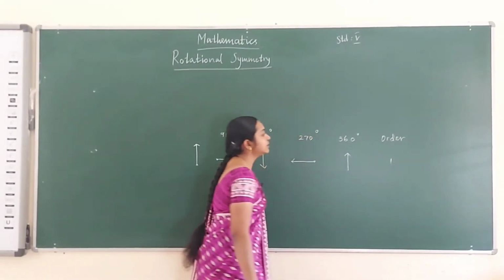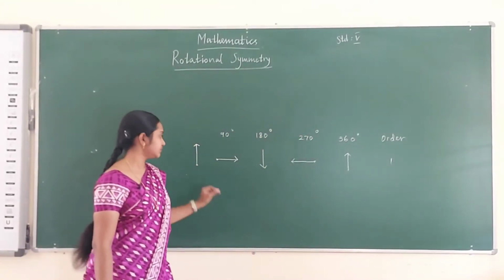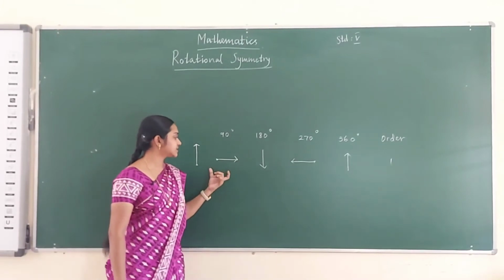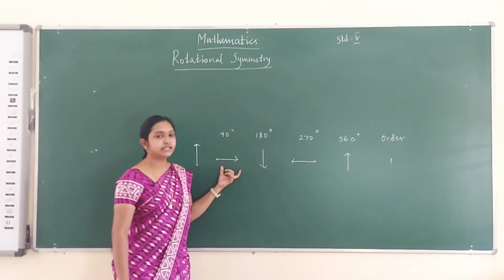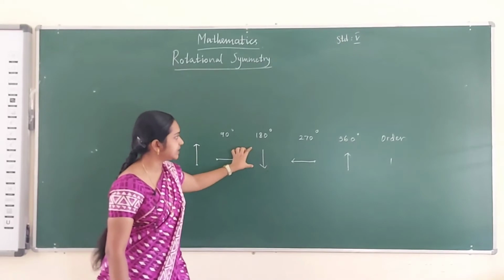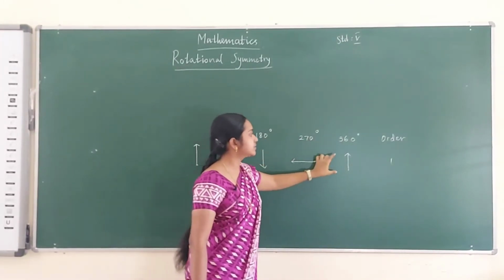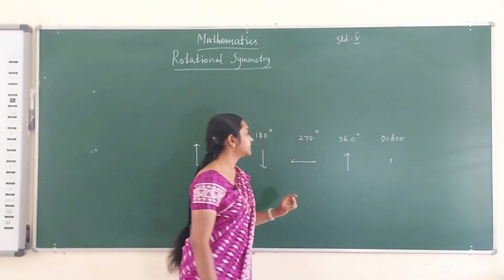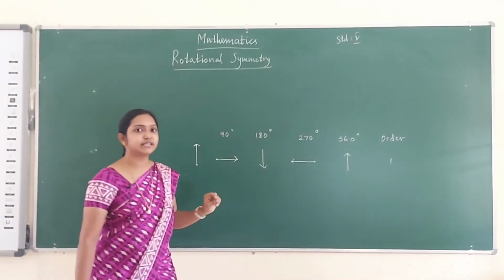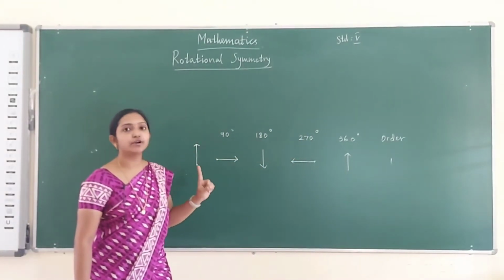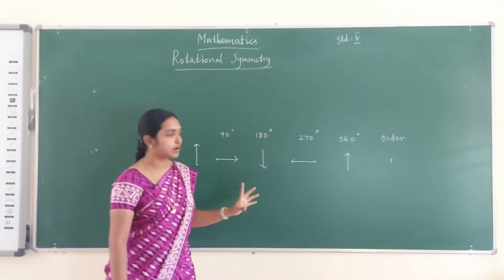So the order of the ray is 1. It is rotated 90 degrees, then 180, then 270, then 360 degrees. The number of times it looked the same is 1 time. So the order of rotational symmetry is 1.